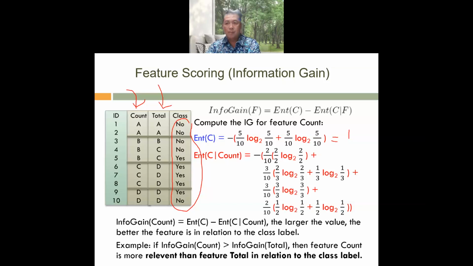Let's suppose we are given the count feature here, and I want to split my data using the values that we have in count. The lines here indicate that we have groupings.